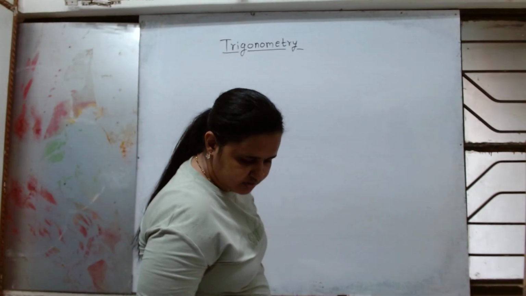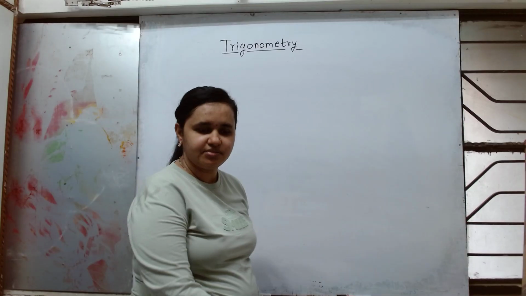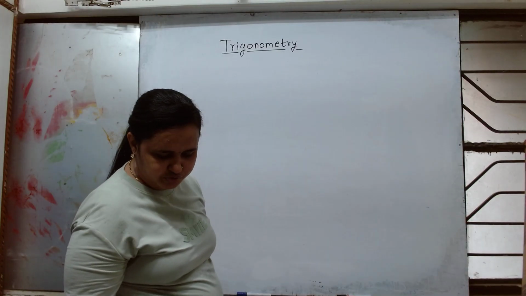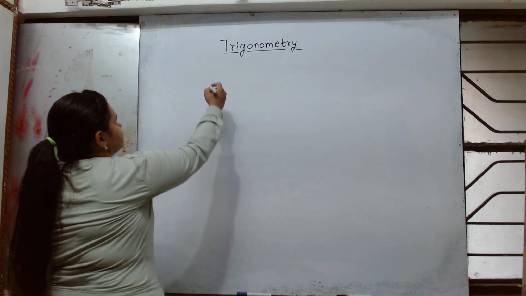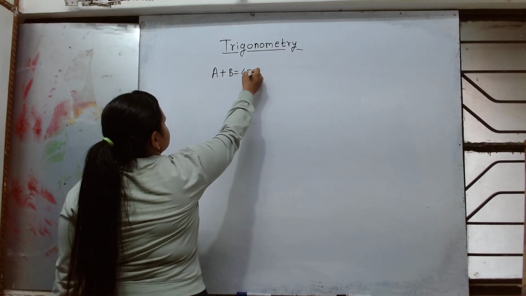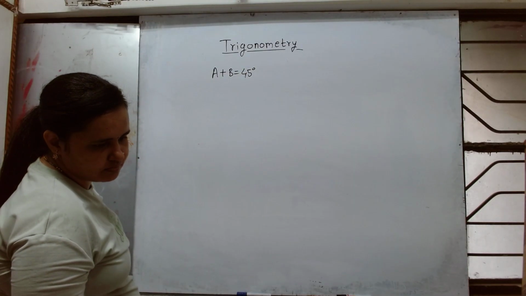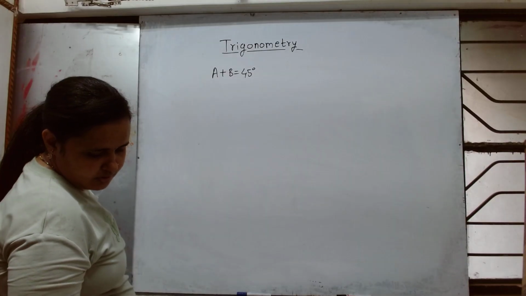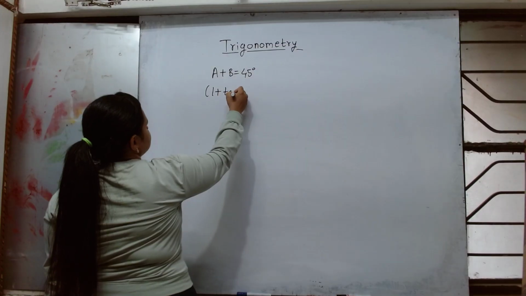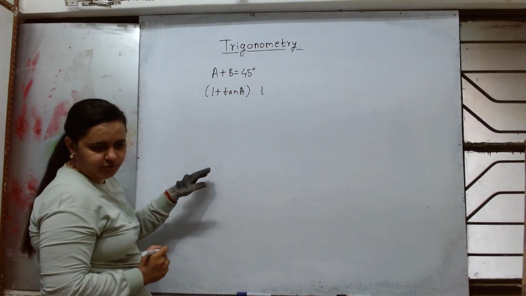Now next one. Option was first, 20 root 3. Now 10th one. If a plus b is equal to 45 degree, we have to find 1 plus tan a into 1 plus tan b.